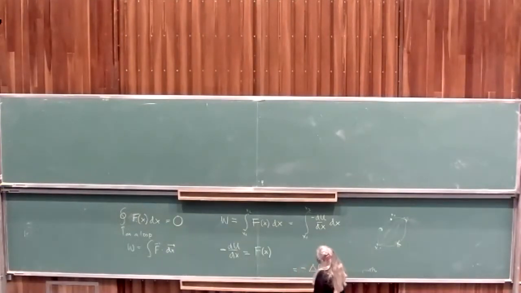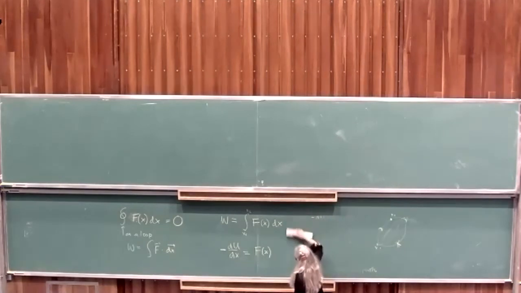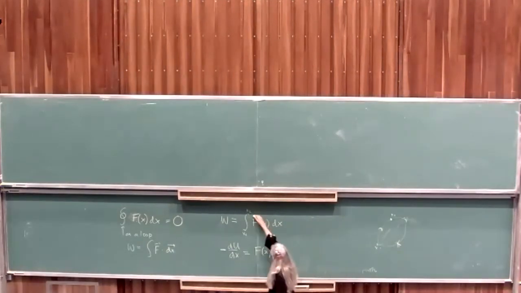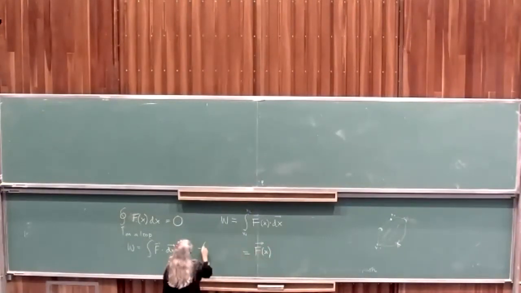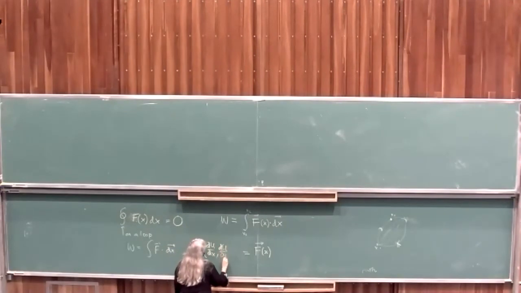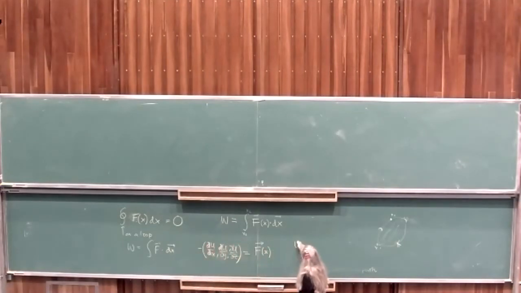How would I generalize that? I can always write this dot product, where the force would now be a vector. What this turns into are partial derivatives. U is now a function of x, y, and z.